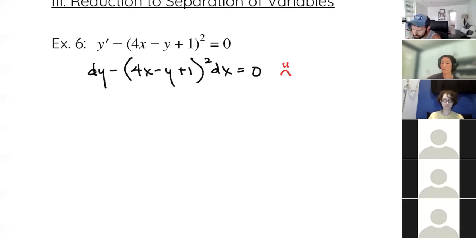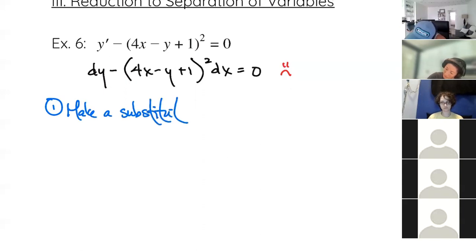But if we use some substitution, I bet we'll be able to turn this into a separable differential equation. All right, so let's do that. Let's go ahead and say for step 1, make a substitution.